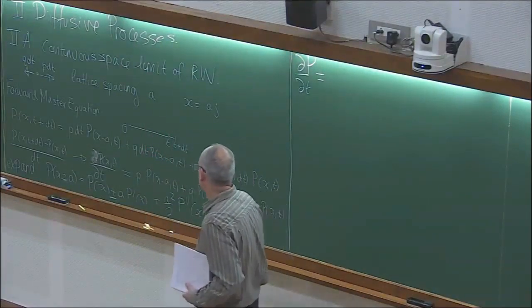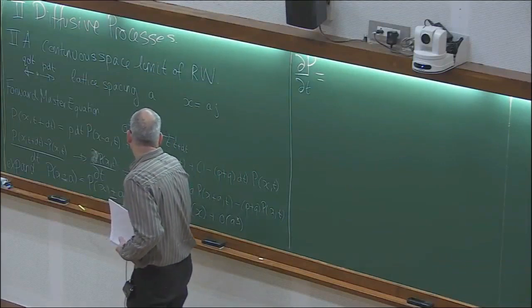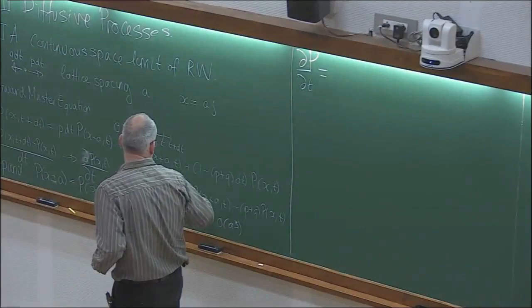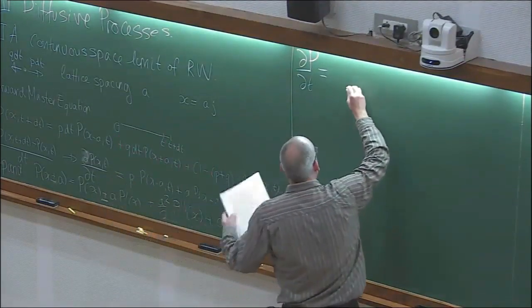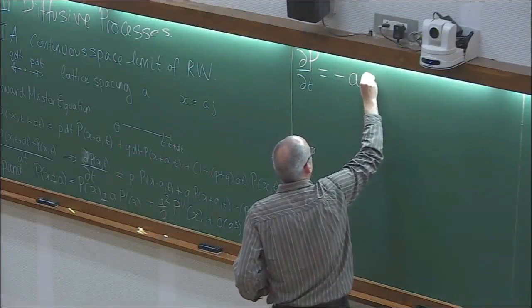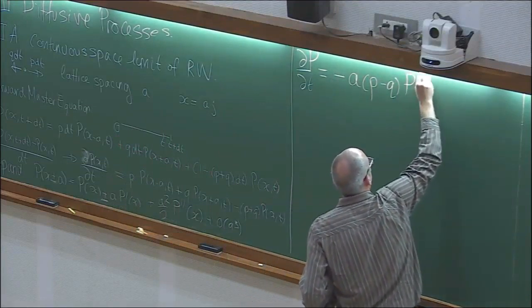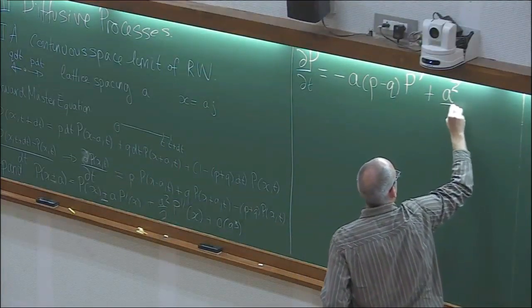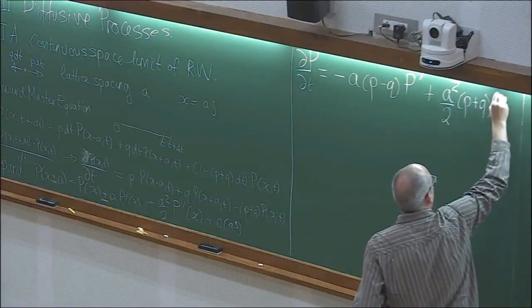The first term are the terms with A, and so I'm going to get a plus P dash from here, no, beg your pardon, from here, and a minus P dash from there. So actually what I get is minus A, P minus Q, P dashed, and plus A squared over 2, P plus Q, P double dash.